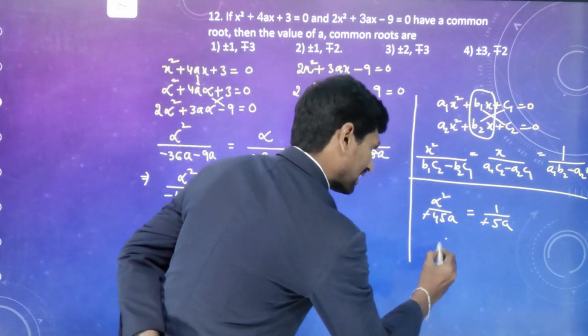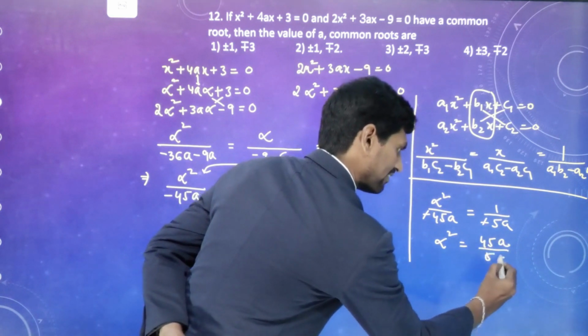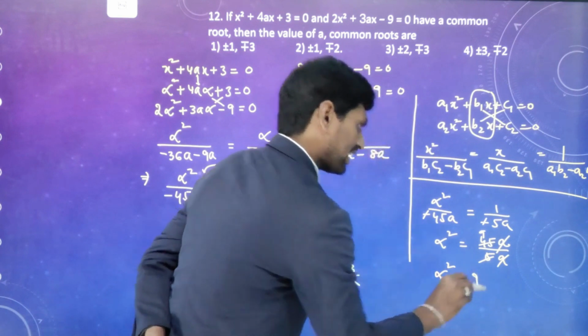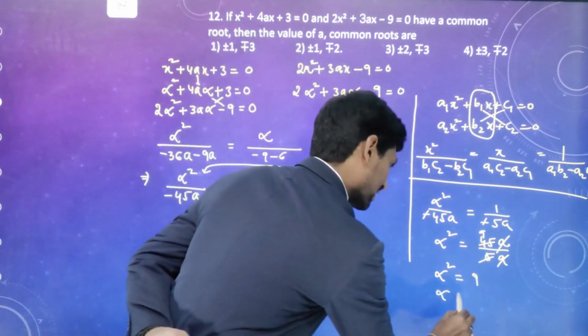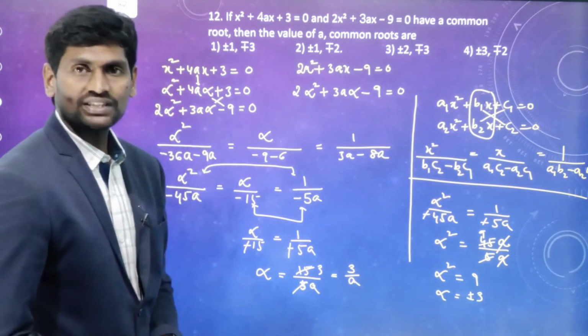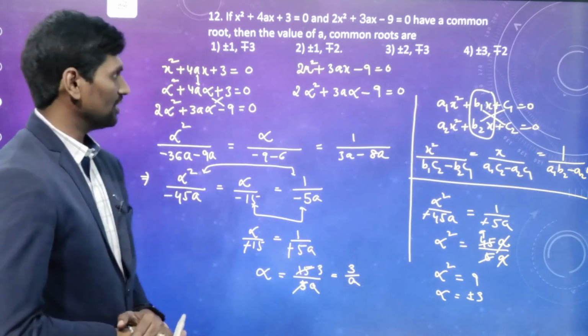Minus minus cancel, alpha square equals 45a by 5a, a cancels, 5 nines are 45. Alpha square value is 9, alpha equal to plus or minus 3. That alpha value, if you substitute here, you will get the a value also.